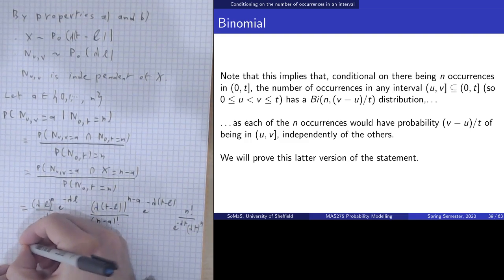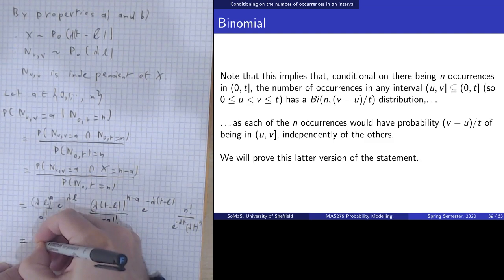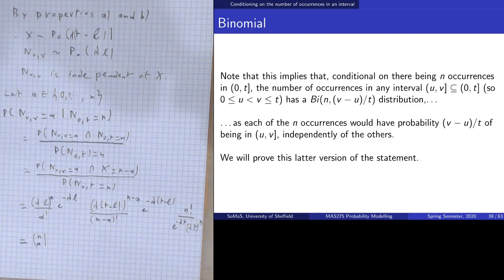So the binomial coefficient, that's exactly n choose A. What about the powers of lambda? There's a lambda to the A, a lambda to the n minus A, and then a lambda to the n. So the powers of lambda disappear.